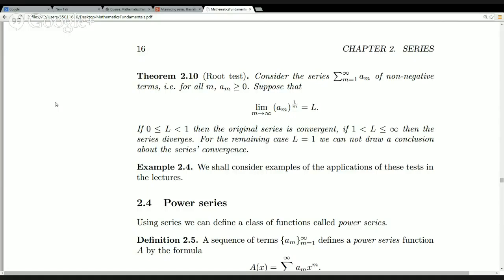And since the step size 1 over the square root of n converges to 0 as n goes to infinity, then this series is going to be convergent.